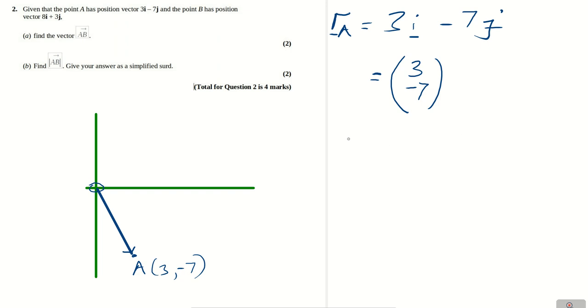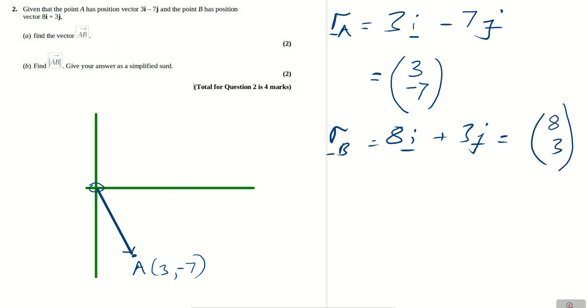Okay. Now the point B has position vector 8i plus 3j, so I can write that as r_B equals 8i plus 3j, and I could write it as a column vector (8, 3), and what it means is that the point B is the point (8, 3).